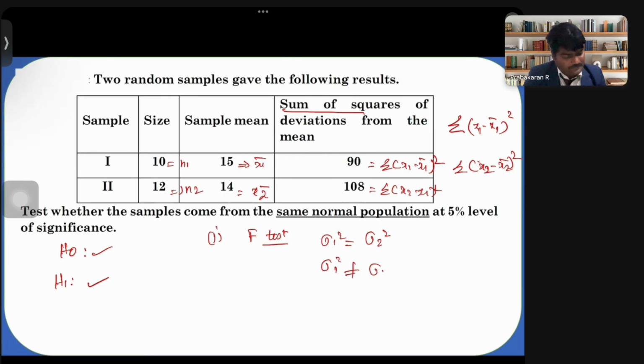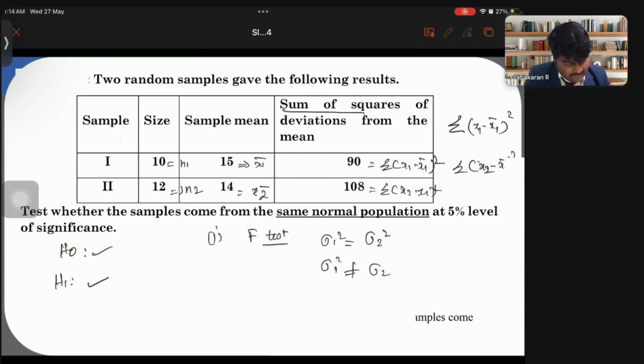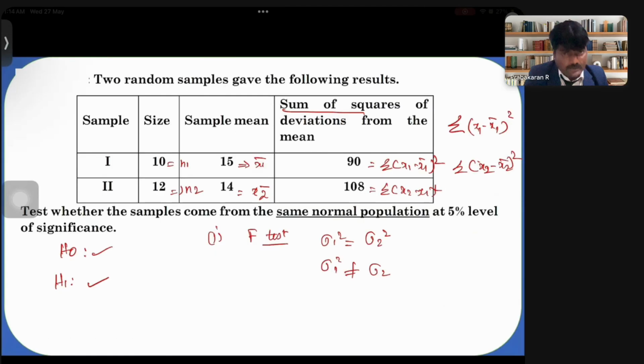So now we know that for the F test we have to find capital S1 square, that is n1 by n1 minus 1 times small s1 square. For that we know the n1 value is 10, so 10 by 9. For small s1 square we have the summation of x1 minus x1 bar whole square, that is 90, and we have to divide it by 10, the sample size, so 90 by 10, that is 9.